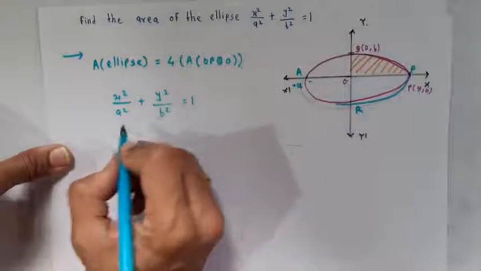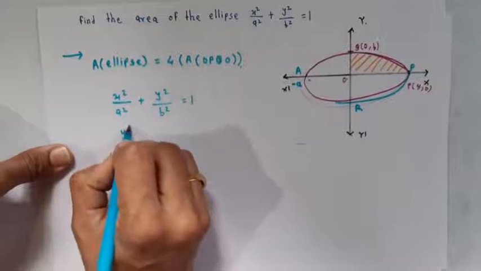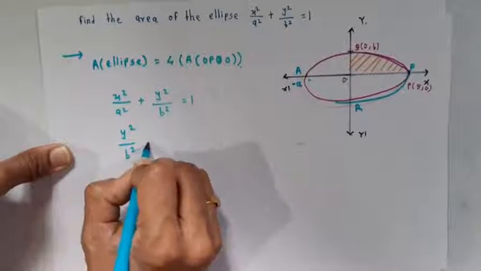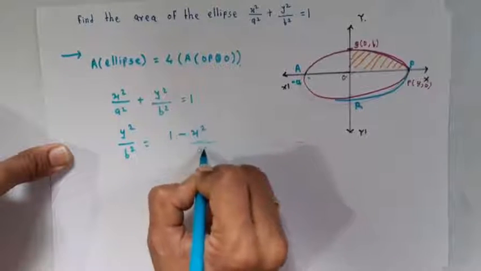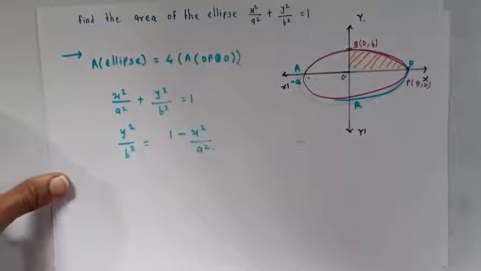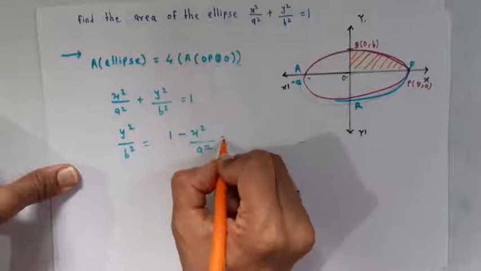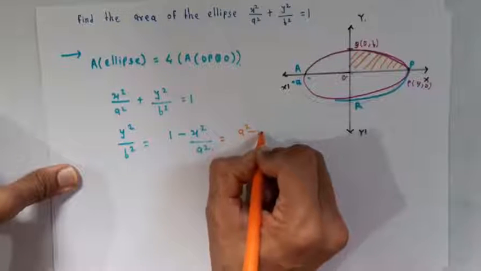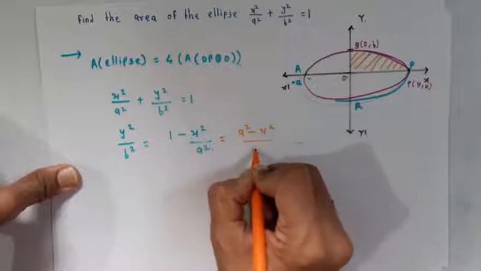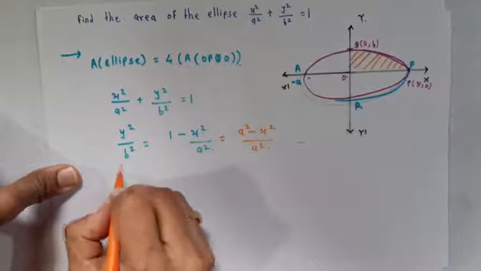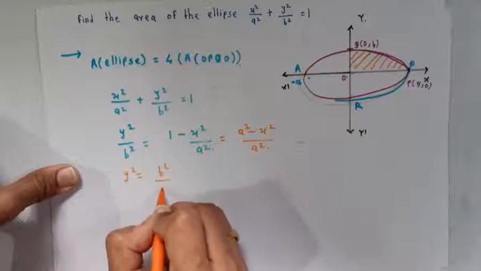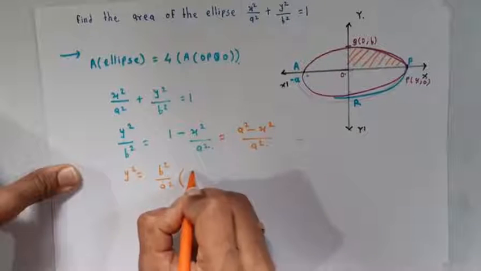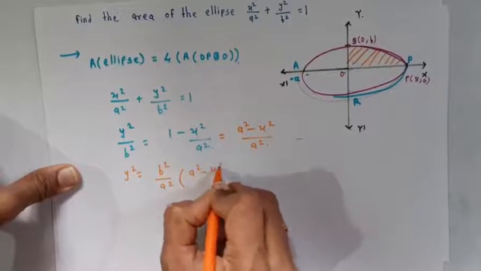Therefore y square upon b square equals 1 minus x square upon a square, which equals a square minus x square upon a square, and y square equals b square upon a square into a square minus x square.